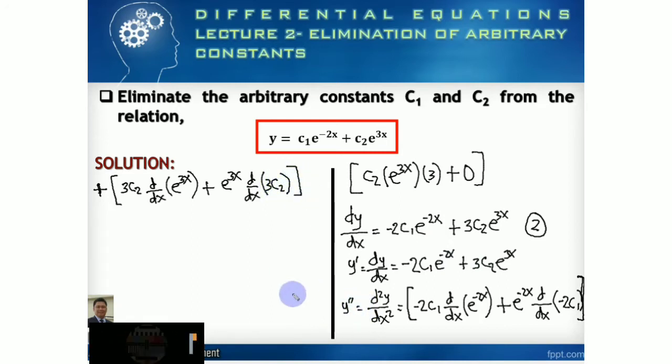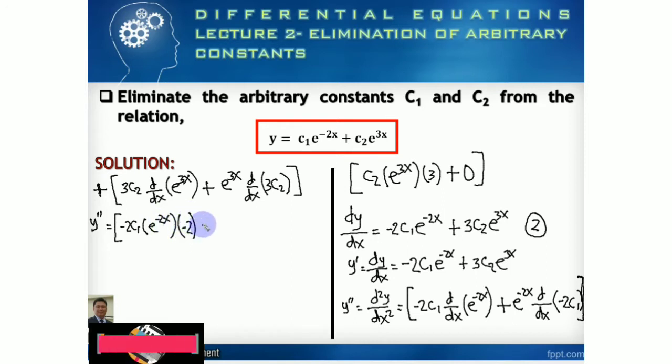So we are going to simplify now this second derivative, y double prime. We just simply use this y double prime, which is equal now to this negative 2c1. So we have a bracket negative 2c1 times the derivative of your e to the negative 2x is just equal now to e raised to the power of negative 2x times the derivative of your u, which is negative 2, plus this one.